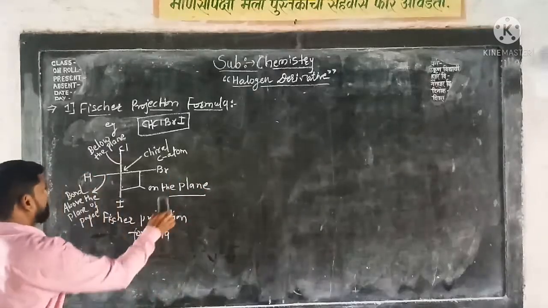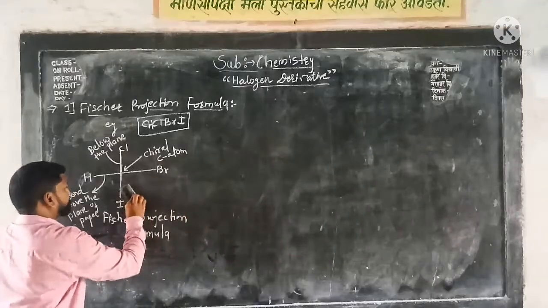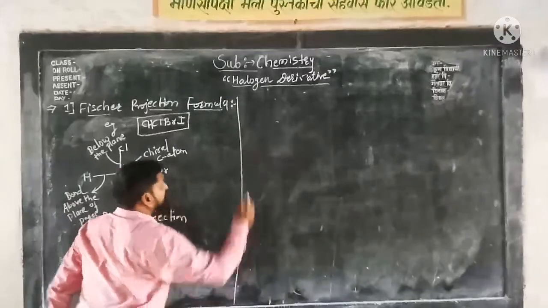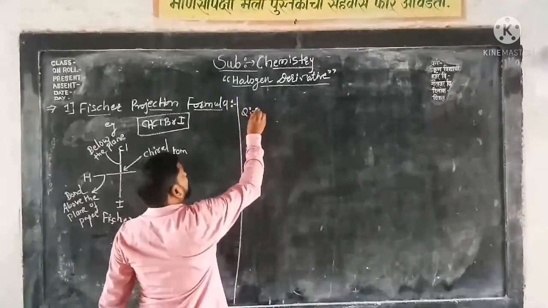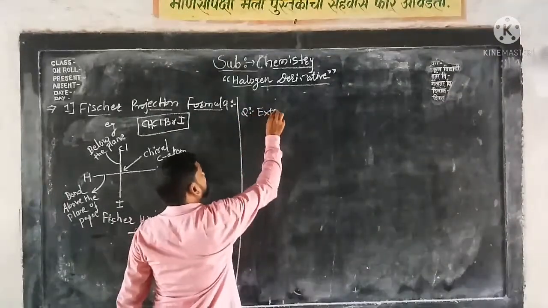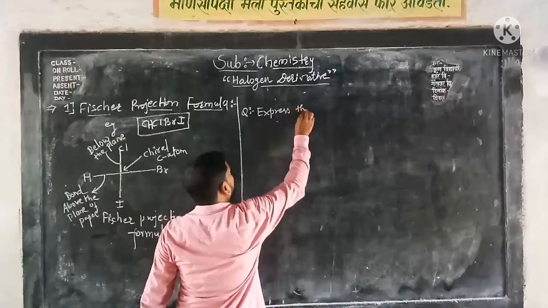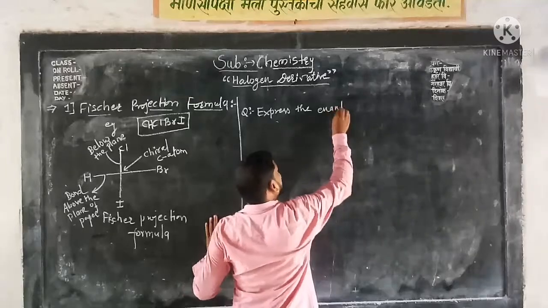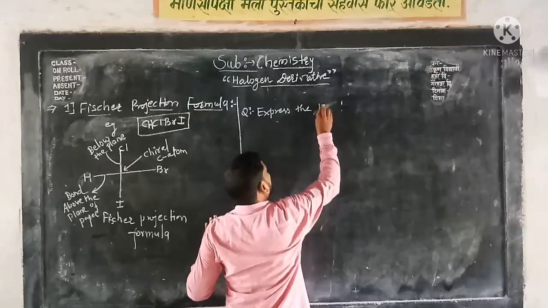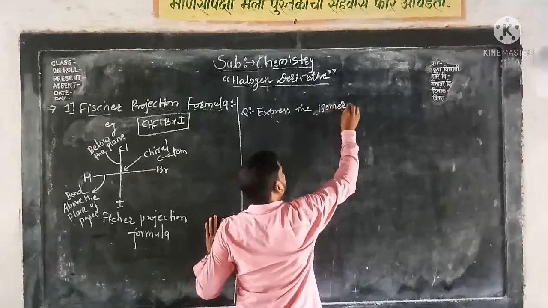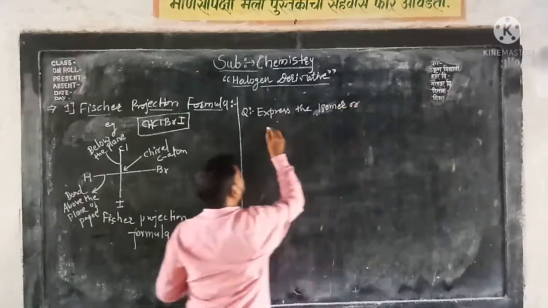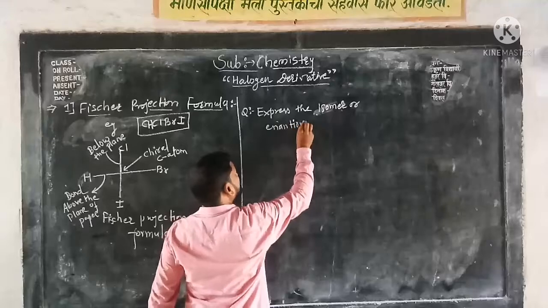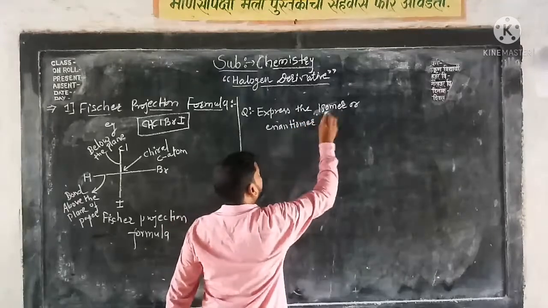Now one question will be there, which is very important. Express the isomer or enantiomer of lactic acid with Fisher projection formula.